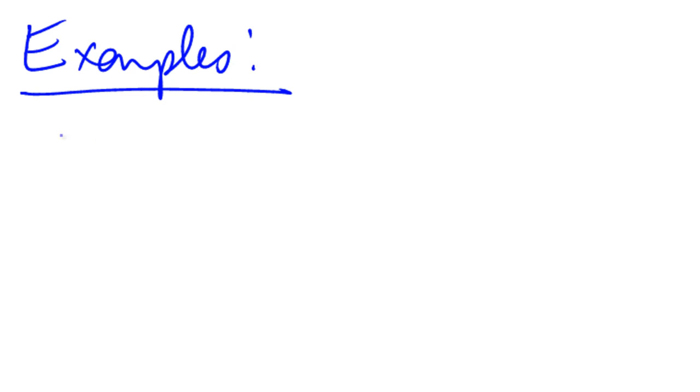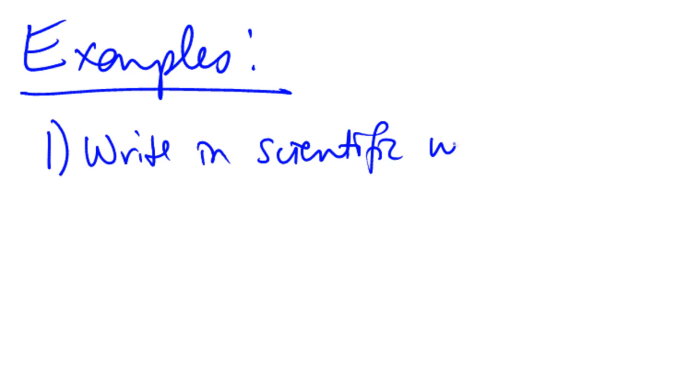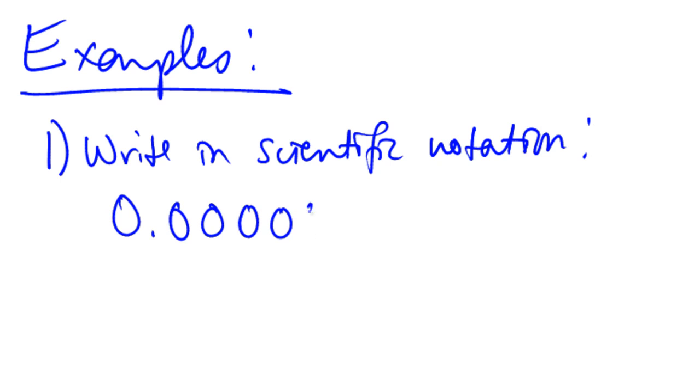All right, to start out with, let's try to write this in scientific notation. Okay, how might we write it in scientific notation? Well, we need to start by thinking about where we want the decimal point to end up eventually.